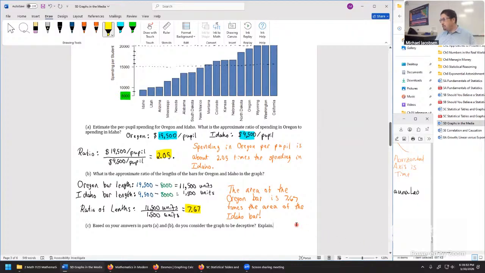I'm noticing that I kind of gave away the story on part C as we went through this problem and even introduced it. One quick way to answer this kind of question is you could just say yes to them being deceptive because the bar chart does not start at 0 on the horizontal axis.